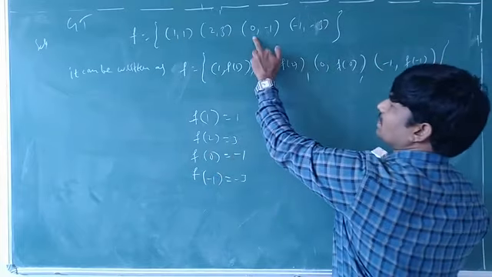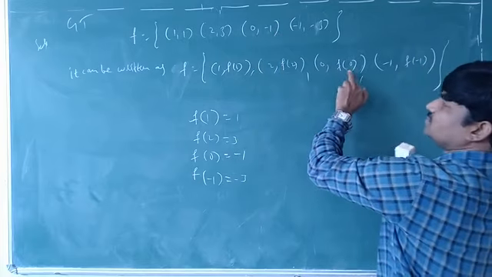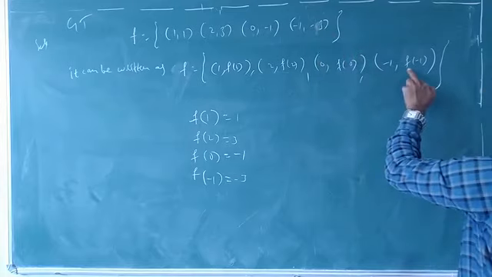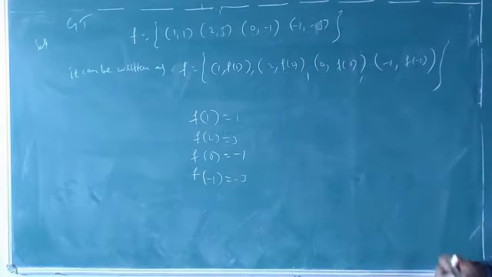Next 0 comma, f(0) value minus 1. Minus 1 comma, f(-1) value minus 3. Like this manner we have to write.